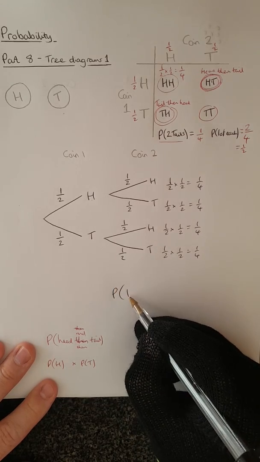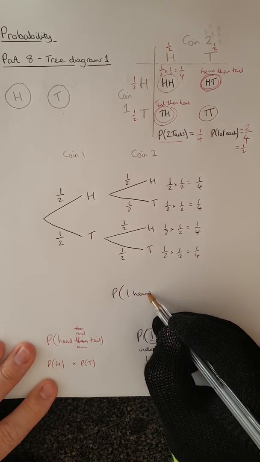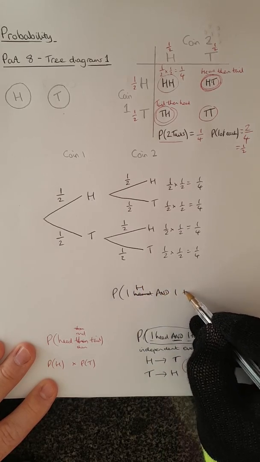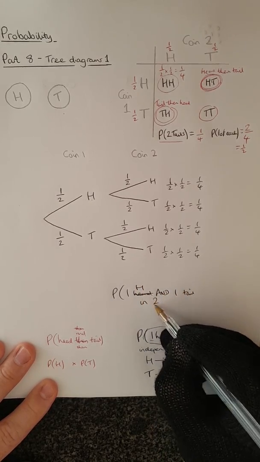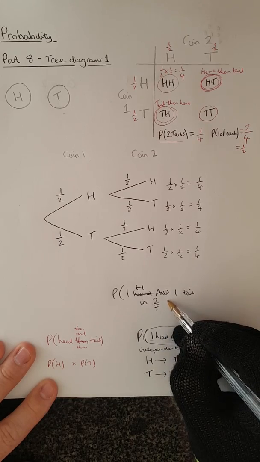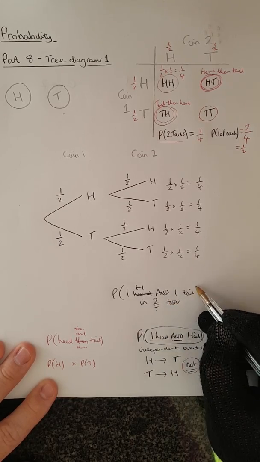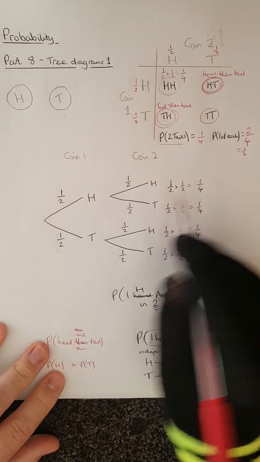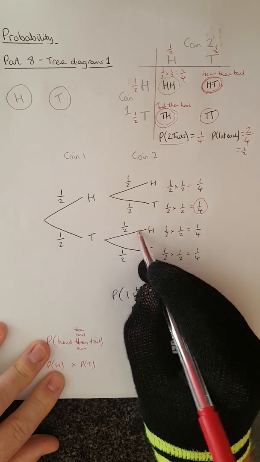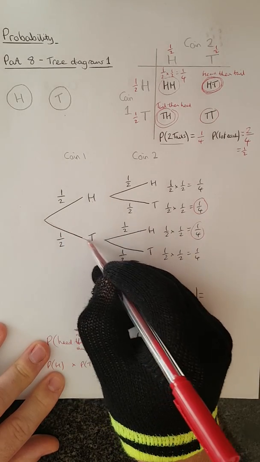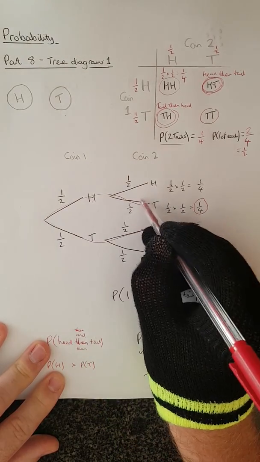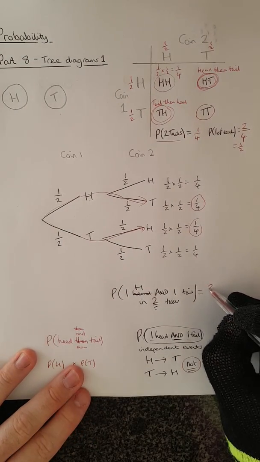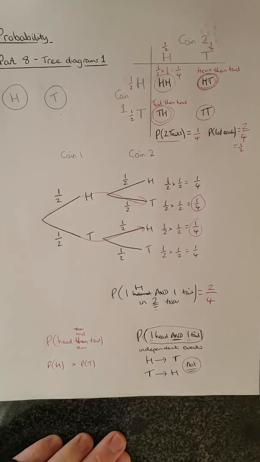So the probability of one head, let's put H, and one tail in 2 tosses, we know that's going to now be head then tail, tail then head. And you can follow the routes to help you see them. And so the probability will be 2/4.